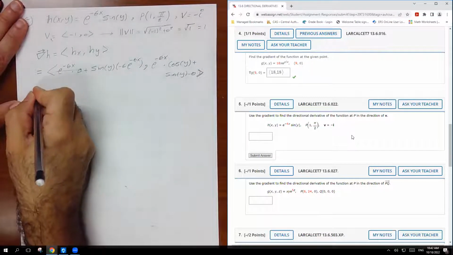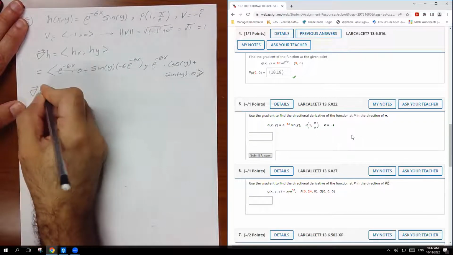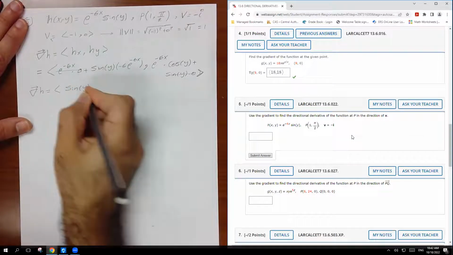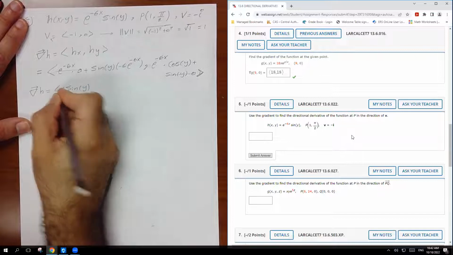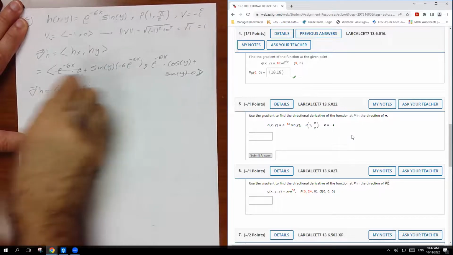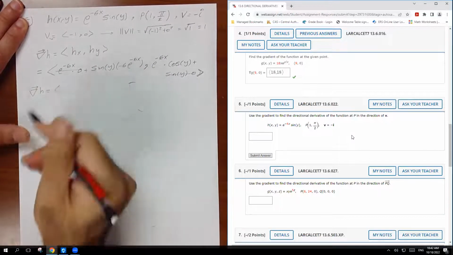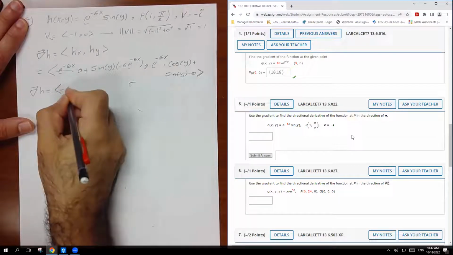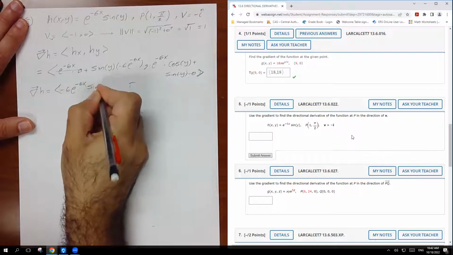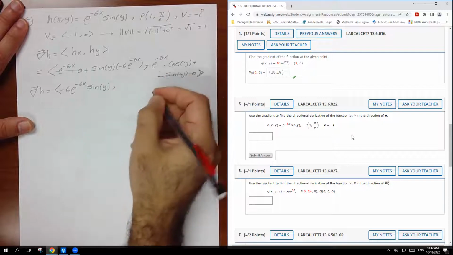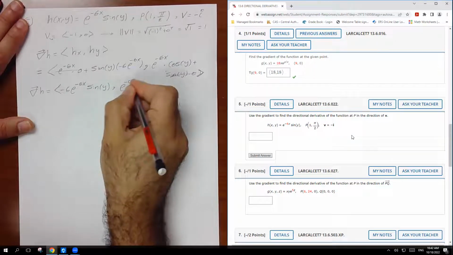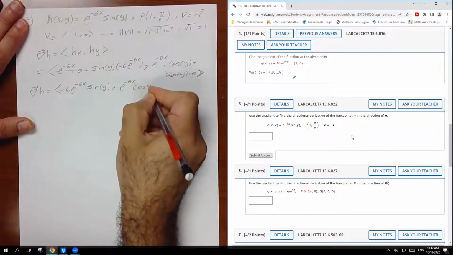That means the gradient of the function is (-6 e to the -6x sine y, e to the -6x cosine y). It doesn't matter which one you write down first.